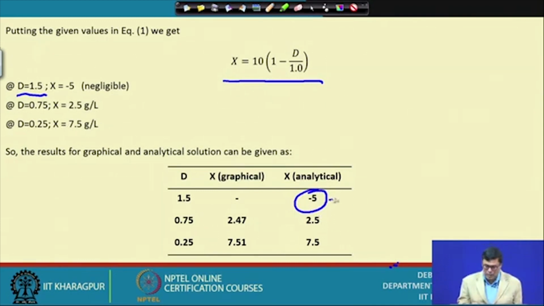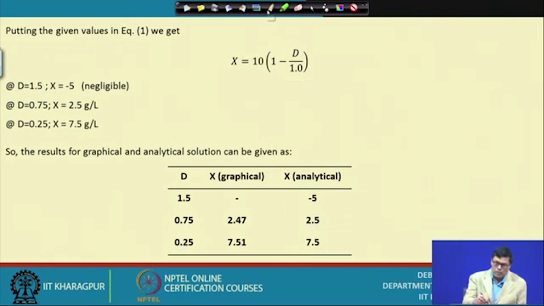So that means this is a situation when there should not be any cell present in the reactor. But for 0.75 it is 2.5, and for 0.25 it is 7.5. So graphically also we find almost the same results.